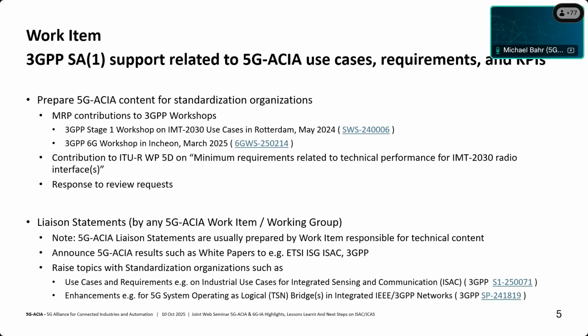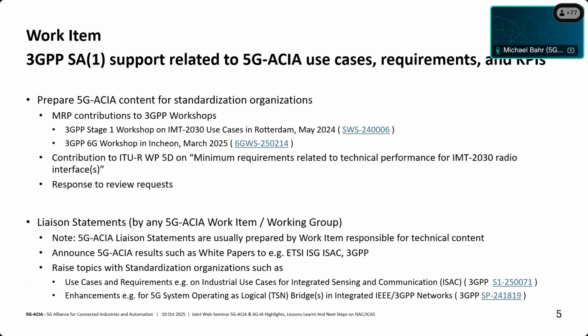One more thing I would like to mention with how we try to influence and shape standardization is through liaison statements. That's a general activity of 5G-ACIA, and this is usually done by any working group that has an interest in doing such a liaison statement. Usually the group who did the work also provides this liaison statement.